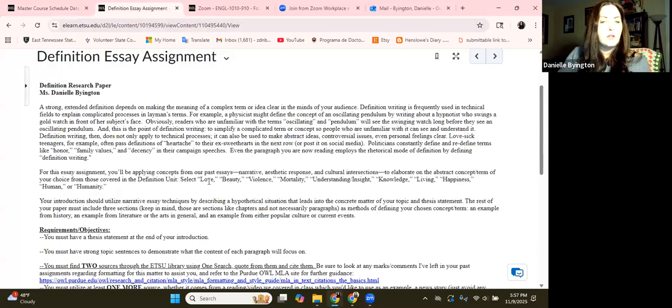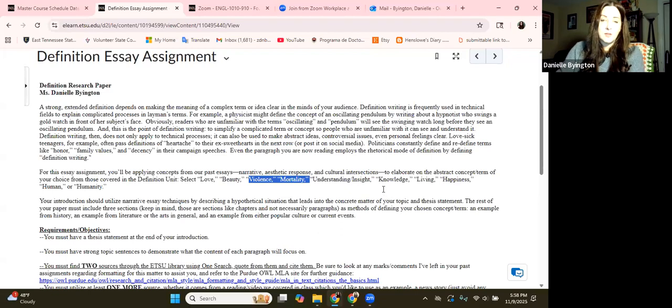So you can choose from love, beauty, violence and mortality, which used to be another week of reading, depending on the way the schedule throughout the 15 weeks of the semester fell. We ended up removing those, but I like to keep those as choices because I've had some good essays written from students on those topics. So I'm going to leave those as choices, even though they weren't exactly one of the options assigned in one of the weeks of readings and videos.